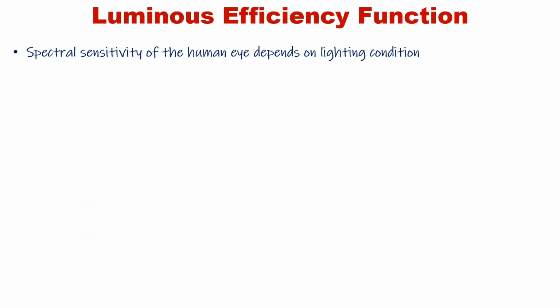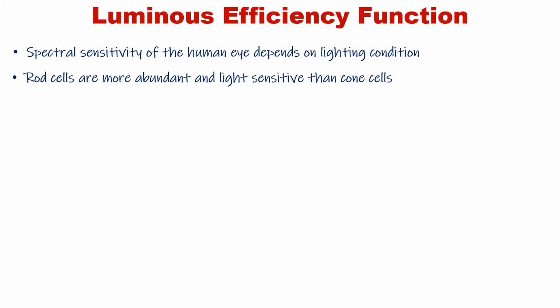So this luminous efficiency function depends upon the lighting conditions also. That means the response of a given wavelength generated by our eye depends upon the external lighting conditions. Depending upon the ambient lighting conditions, the spectral sensitivity of our human eye can vary.